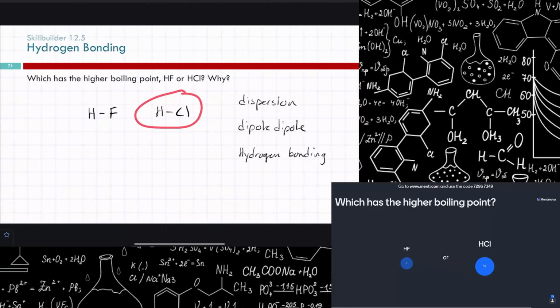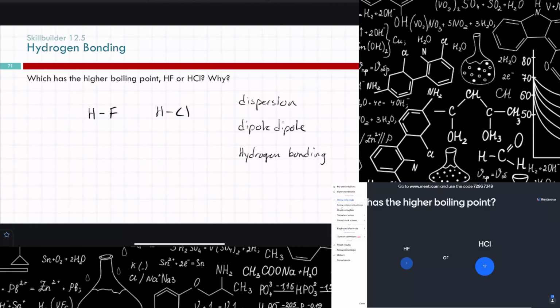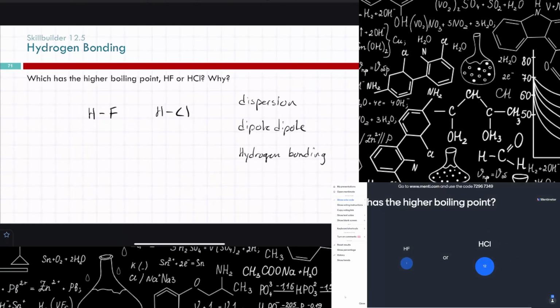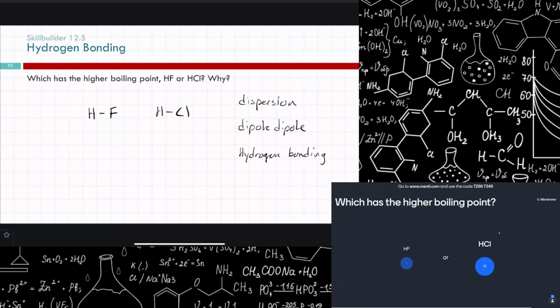HCl is larger, right? Do I have any controls here? Oh, show voting instructions. I guess I could reset the results if people wanted to change it. I'll try and figure out if there's a way to let you change your votes if you want to.